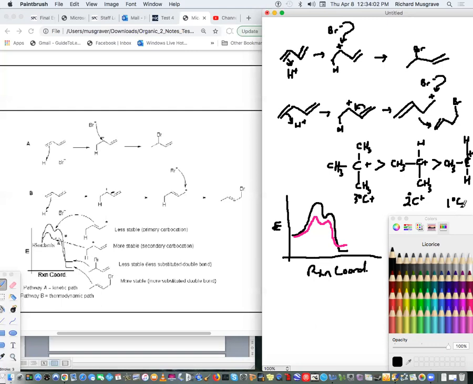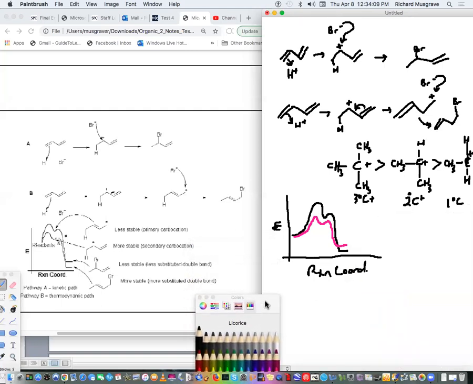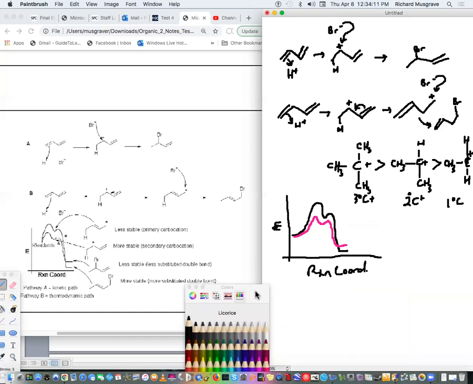The other piece of information that you need to be aware of here, I'll move this over a bit, has to do with the notion of double bond stability.